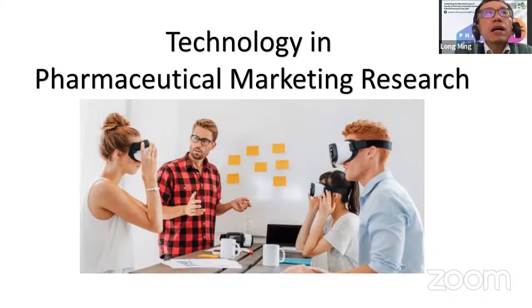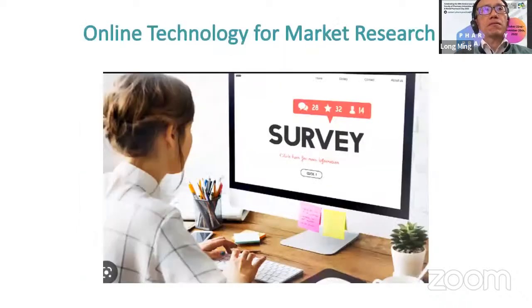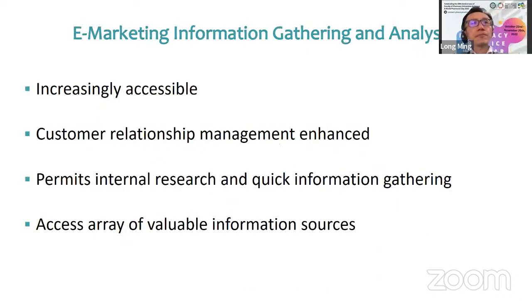Quickly, let's discuss the technology used in pharmaceutical marketing research. For example, virtual simulations is one of the methods also. It saves time creating a new physical environment. You also have online surveys.